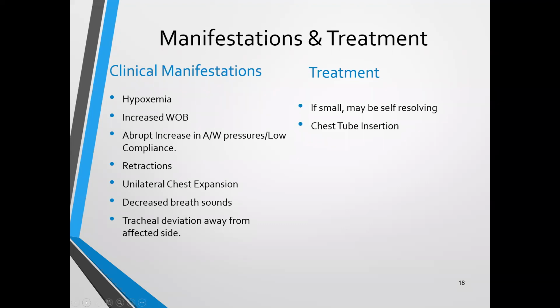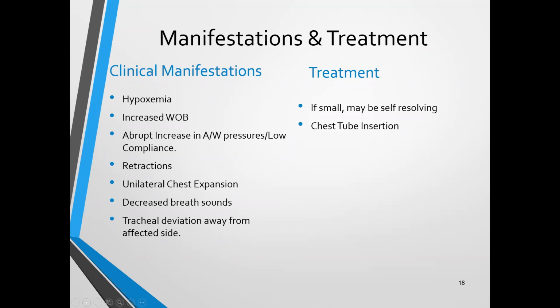Whereas something like a pneumo may occur literally in a minute. So you have an abrupt increase in ventilatory pressures and an abrupt decrease in compliance, retractions. The baby was stable 1 minute and then much less stable 1 minute, 5 minutes, 10 minutes later.